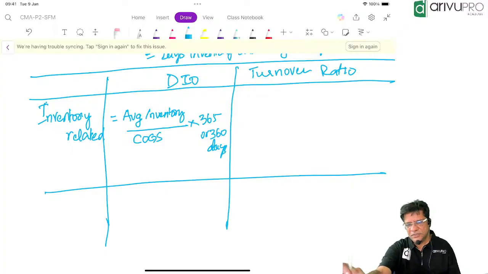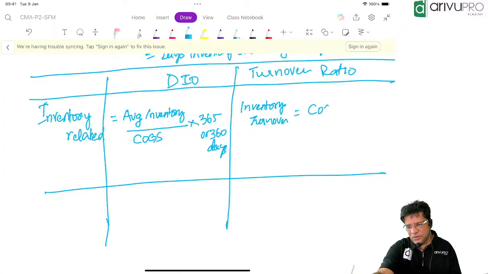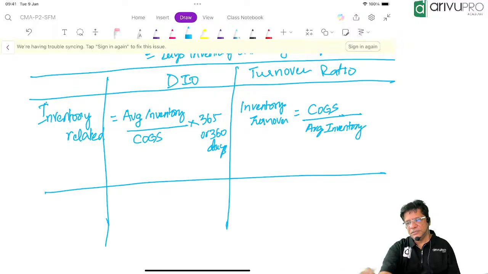I'll tell you what the 360 days is. Inventory turnover is equal to COGS divided by average inventory.